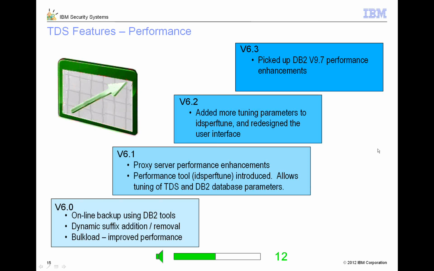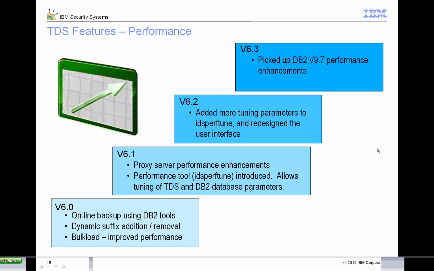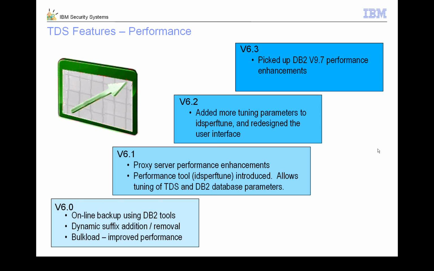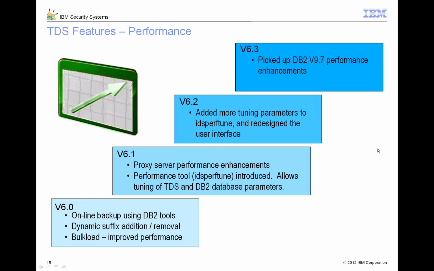This slide shows how we have gone about improving the performance of TDS starting from version 6.0 to version 6.3, which is the current available version in the market. In 6.0, we introduced bulk load, which improved the bulk load of the directory data.